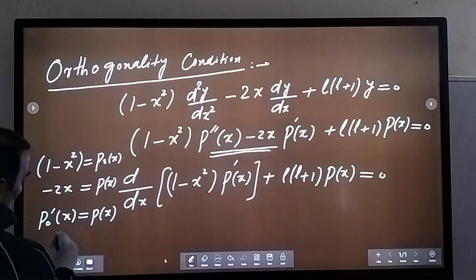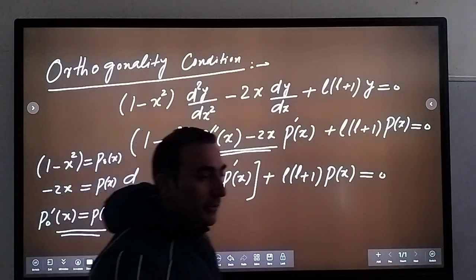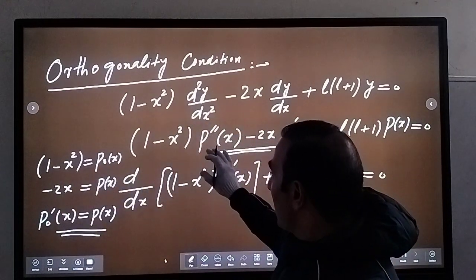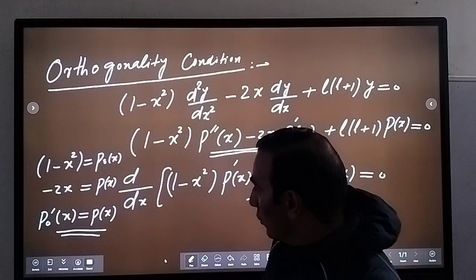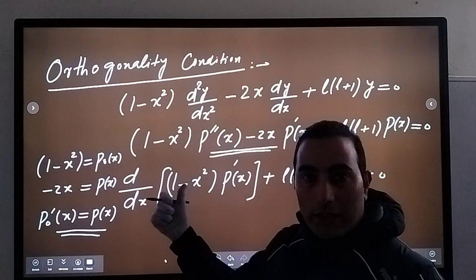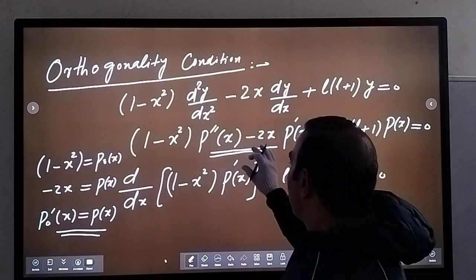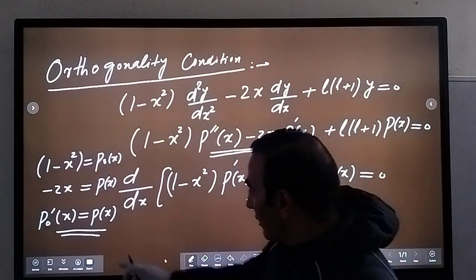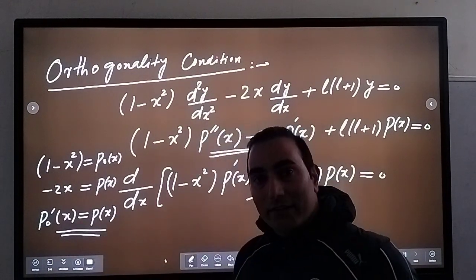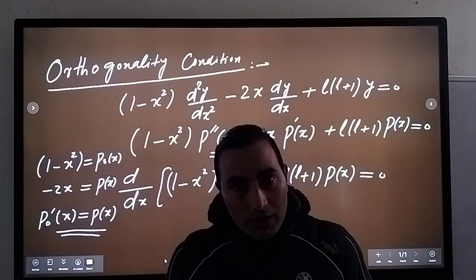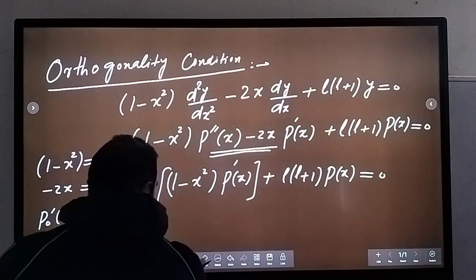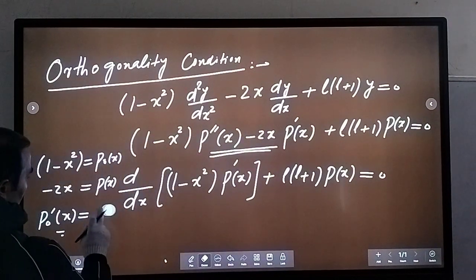Where this condition is satisfied, that is, the derivative of the coefficient multiplied to the double derivative equals the coefficient multiplied to the first derivative, such a differential equation is called a self-adjoint equation. We have already discussed that, which is why I told you this is a self-adjoint equation.